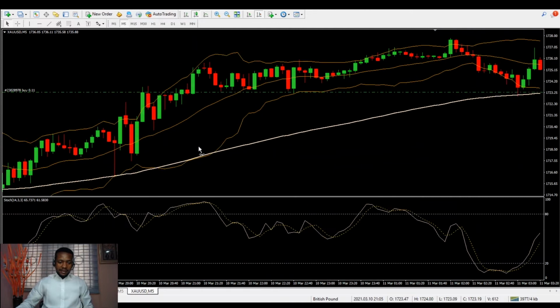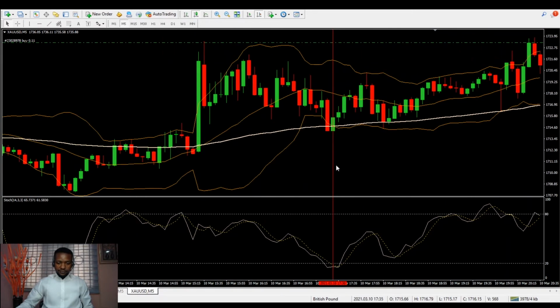So this is an example. This is price, it has been moving in between the upper and the lower band, and finally it came outside the band. It broke through the band, and the next candle closed inside the band again. This is an indication that there will be a possible change of trend.